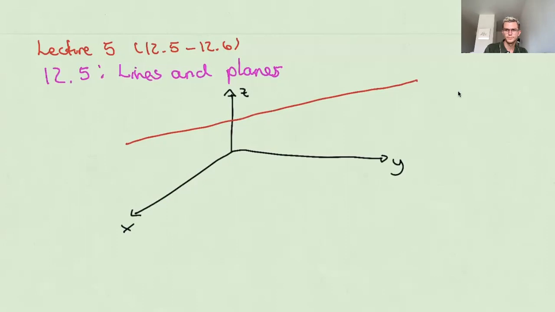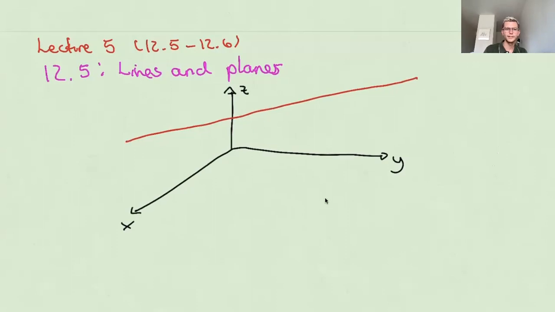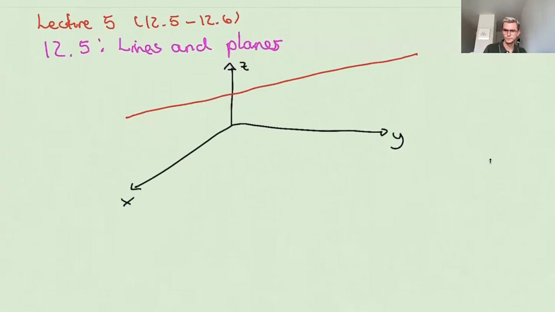And then the idea is that you can think of a line sort of as the path that a particle takes when it moves with constant velocity.